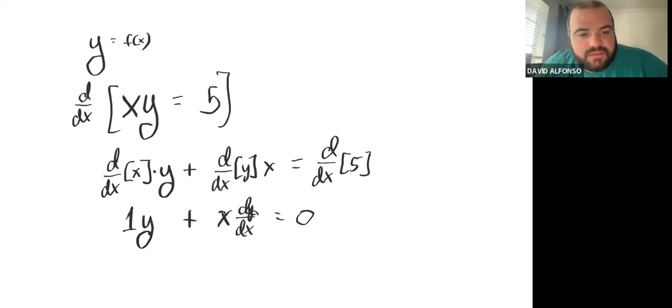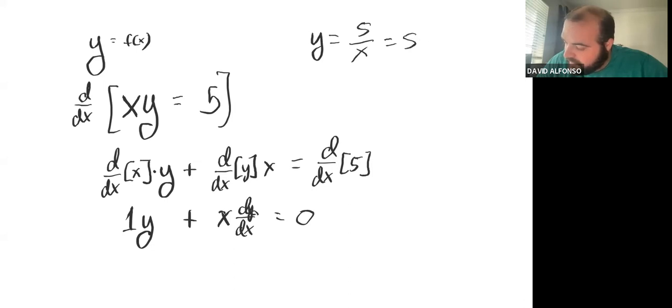So that's basically what implicit differentiation is. It's for when the function is too difficult to isolate. This one, I mean, you could have just solved for y too. You could have said y is equal to 5 over x, or 5x to the minus 1, and then you could have done just basic differentiation, right?